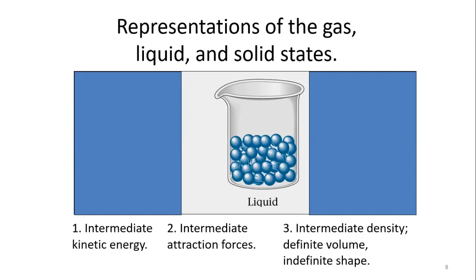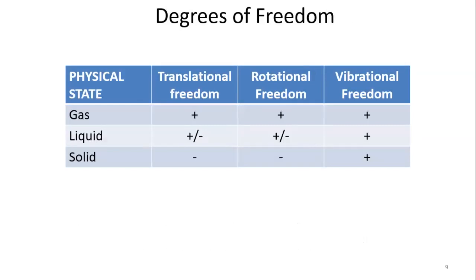So when we consider the ability of these different particles to move in the different states, we can consider the degrees of freedom for each one of these. Remember, we talked about the translational degree of freedom, rotational or spinning, vibrational or the kind of spring action. And we can see that for the gas state, molecules will possess all three kinds of motion.